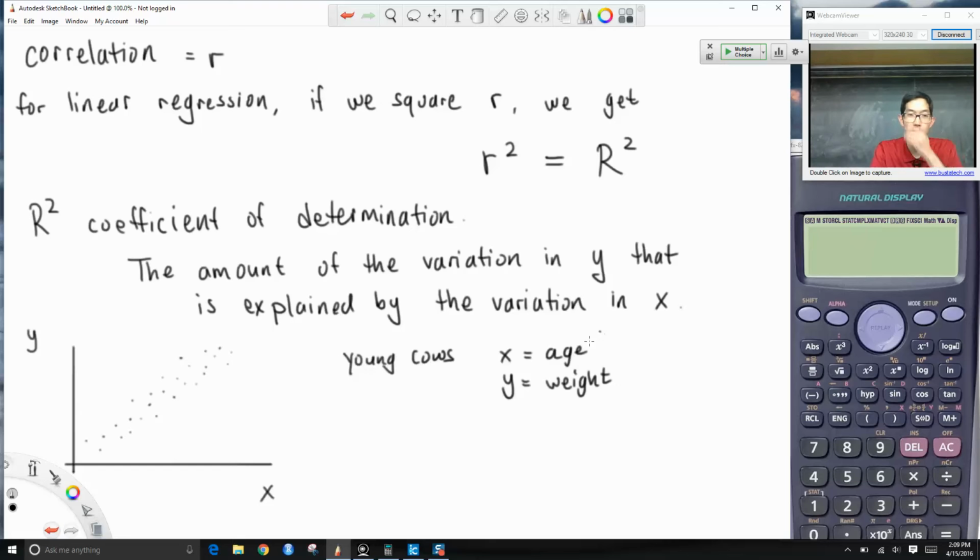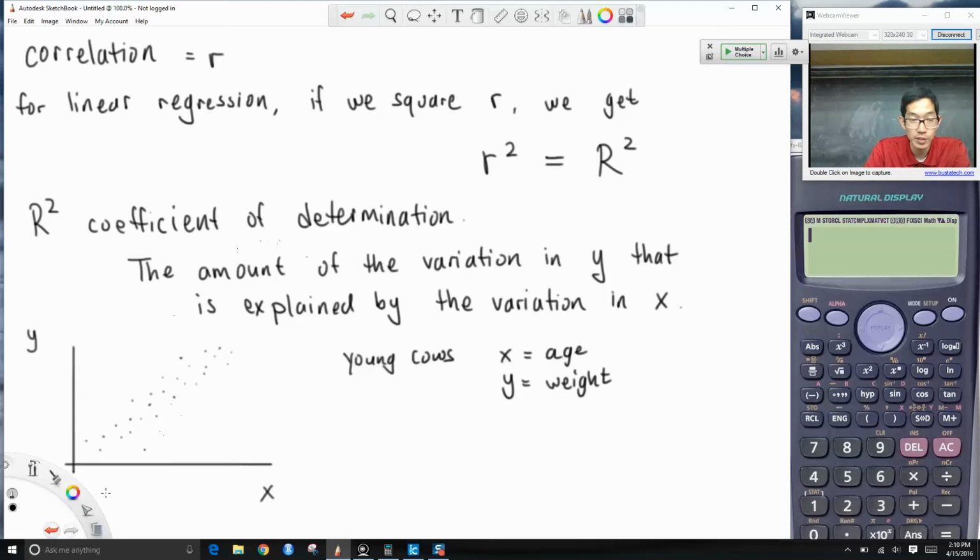While the cows are young, we might see a linear relationship between age and weight. Once the cows reach maturity, they're probably not going to continue to gain weight. It levels off at some point, but as far as the young cows go, we might see some kind of linear relationship.